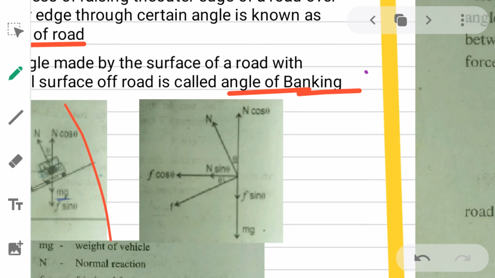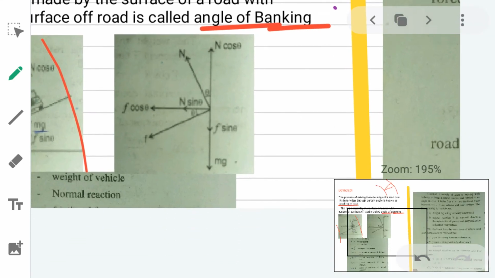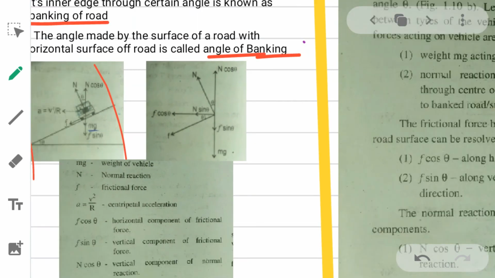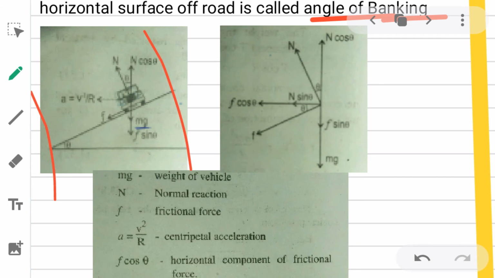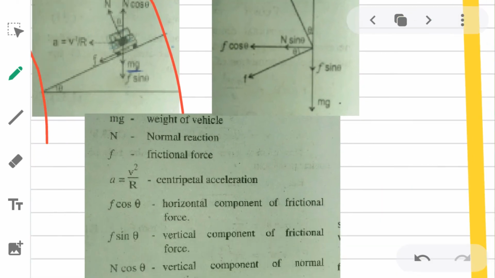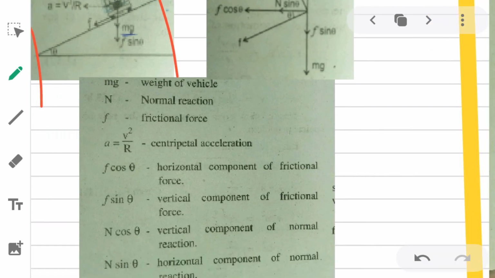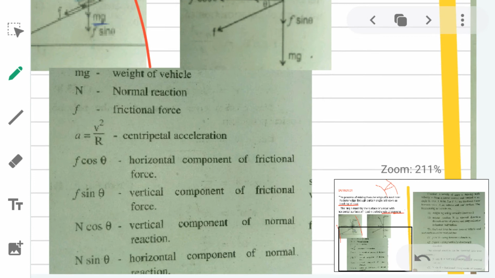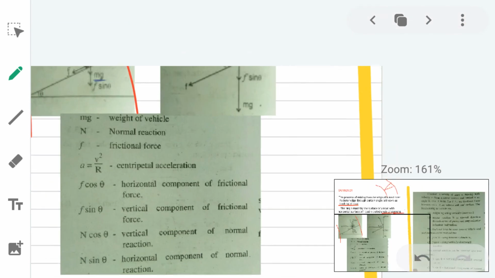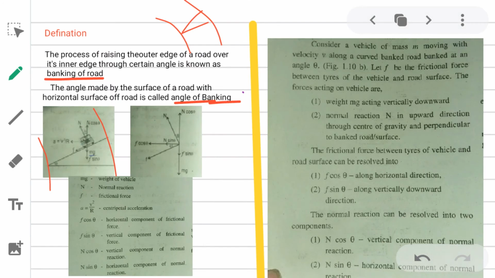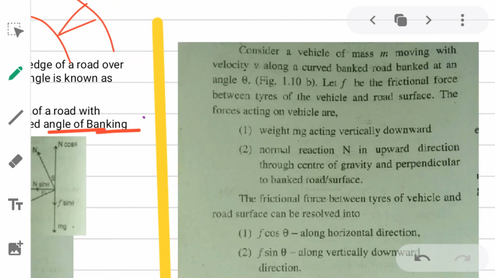Here mg is the weight of the vehicle, N is the normal reaction, F is the frictional force, centripetal acceleration is v square upon r. F cos theta is the horizontal component of frictional force, F sin theta the vertical component of frictional force, N cos theta the vertical component of normal force, N sin theta the horizontal component of normal force. Now here we go for the derivation directly.